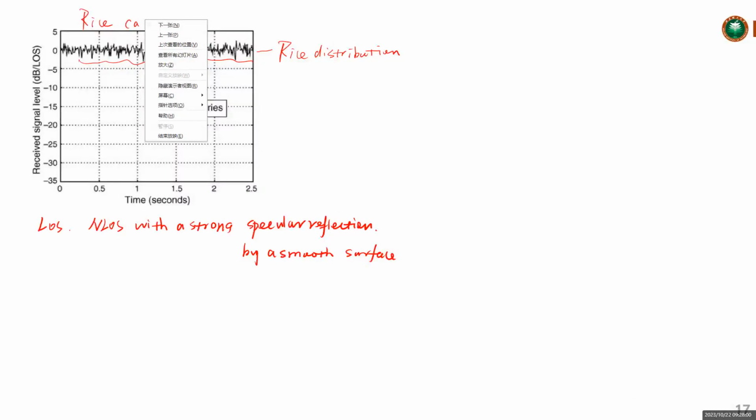However, if the signal suffers blockage and also diffuse scattering, then there should be lots of multipath components, all right?